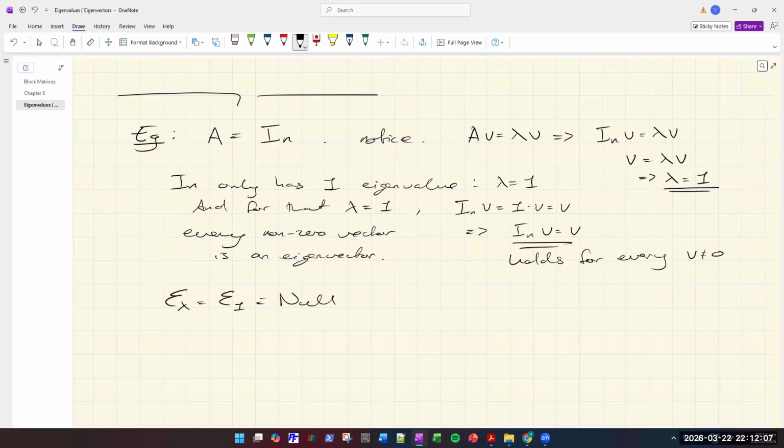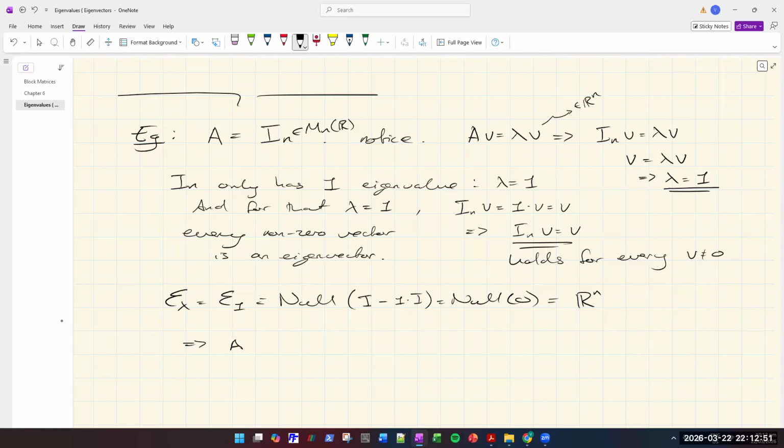It will be the null space of A minus lambda I, so it's I minus 1 times I, which is the null space of the zero matrix, which is the entire space, Rn. Maybe I should have said this is an n by n matrix over R, and v is a vector in Rn. So the eigenspace is the whole space.